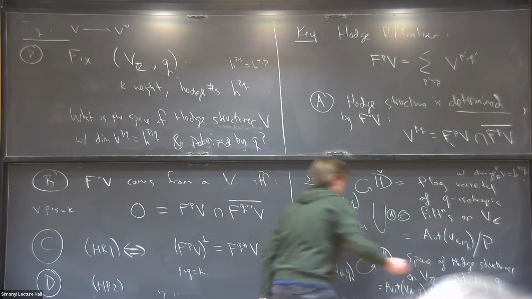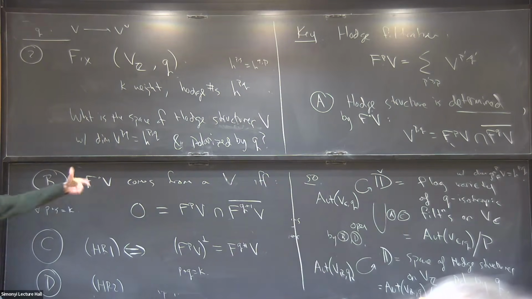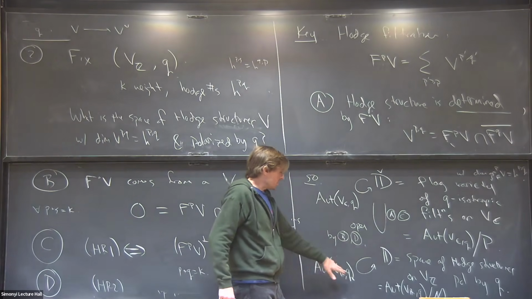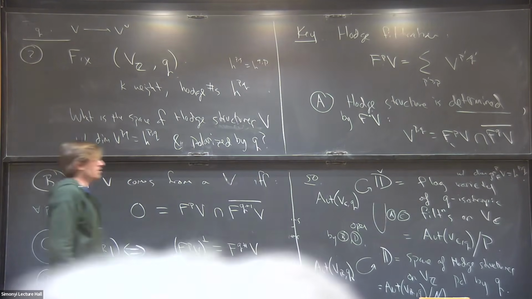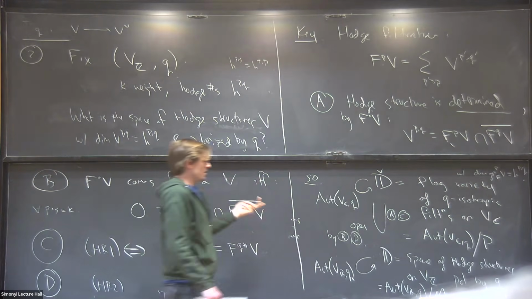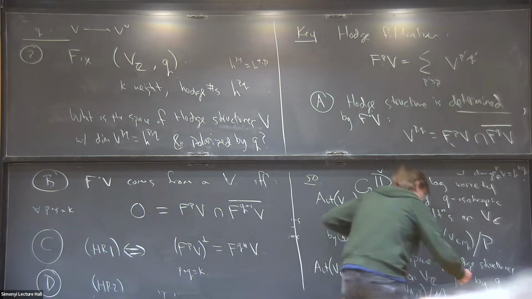Call it M. But now, if you think about it, if M is a real automorphism which preserves Q, and Q is a polarization of the Hodge structure, well, then it also preserves this Hermitian form I built out of Q. So in particular, it preserves a definite form, and so this M is compact.